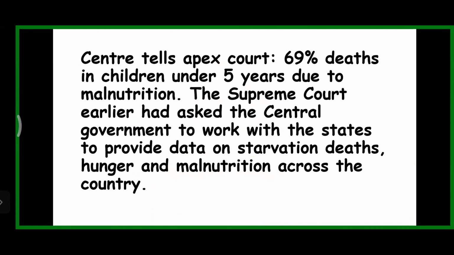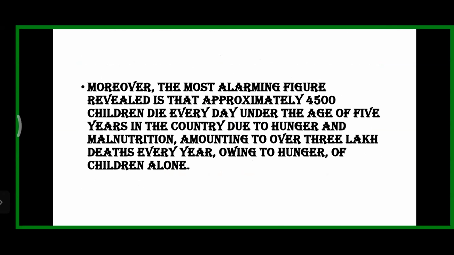We will discuss how many deaths occur under malnutrition. The Centre told the apex court that 69% of deaths in children under 5 years are due to malnutrition. The Supreme Court earlier had asked the central government to work with the states to provide data on starvation deaths and hunger and malnutrition across the country.